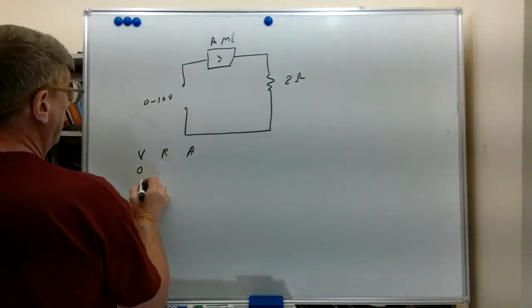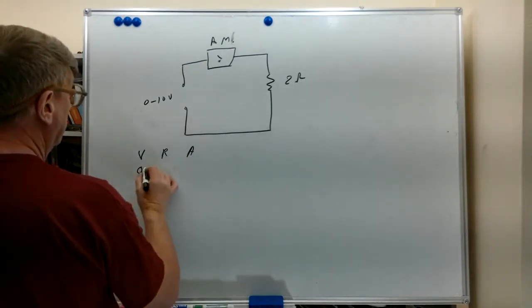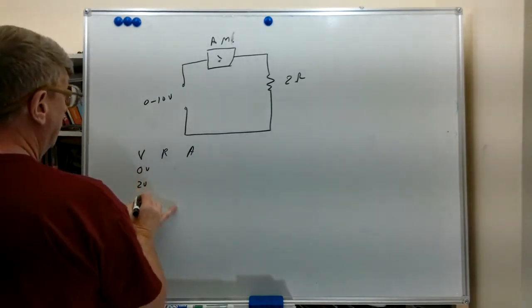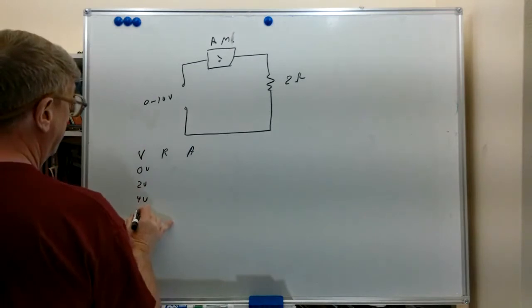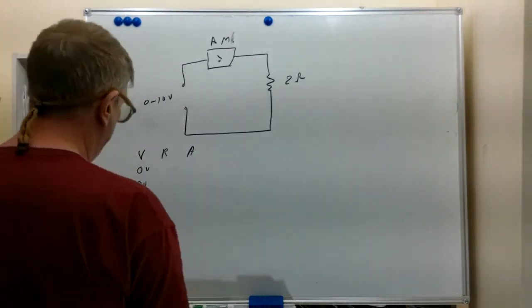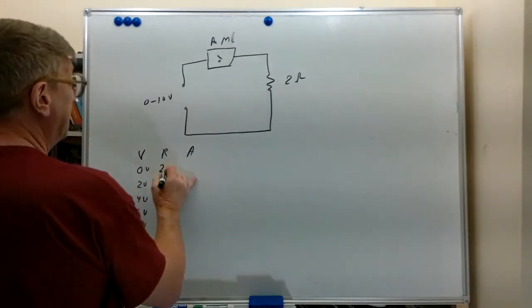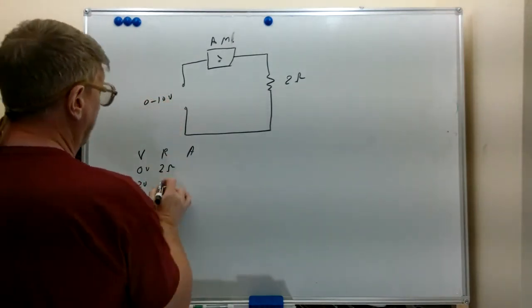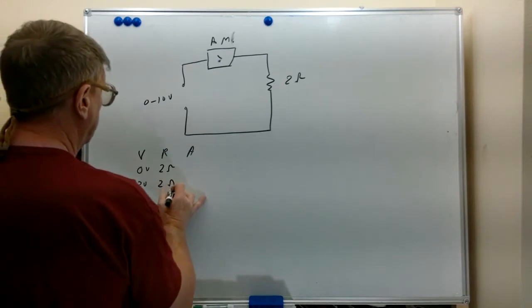We're going to go with 0 volts, 2 volts, 4 volts, 6 volts, and 8 volts. And our resistance is going to remain 2 ohms because we're varying the voltage.